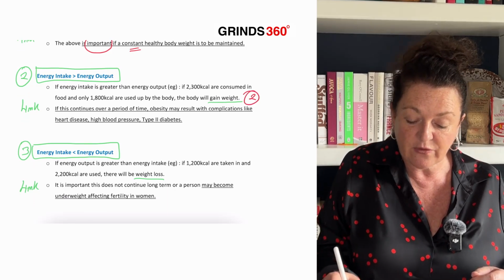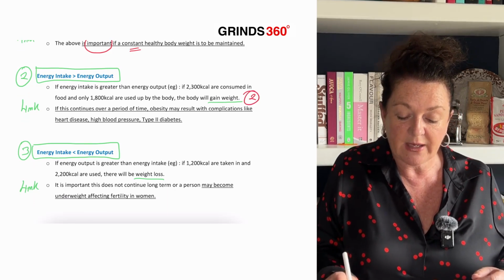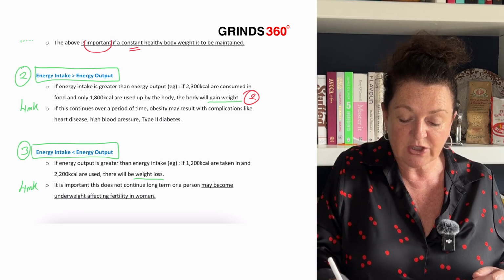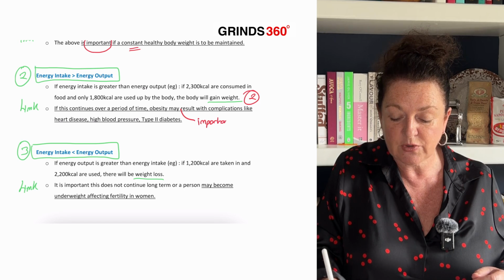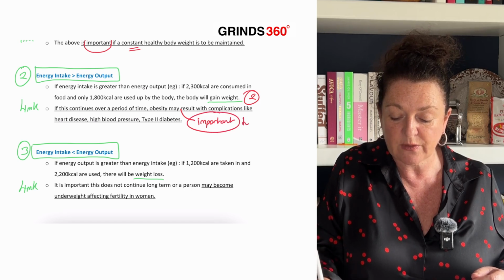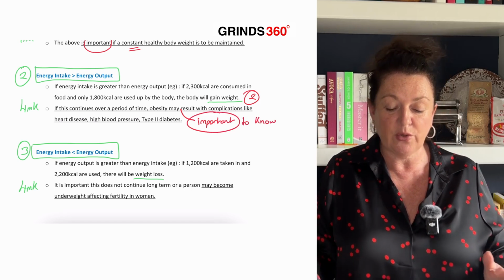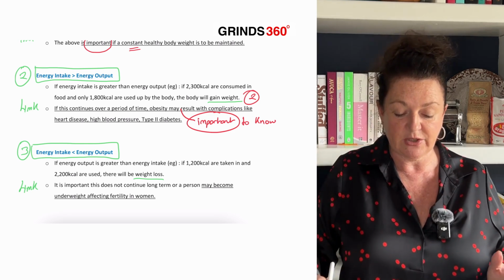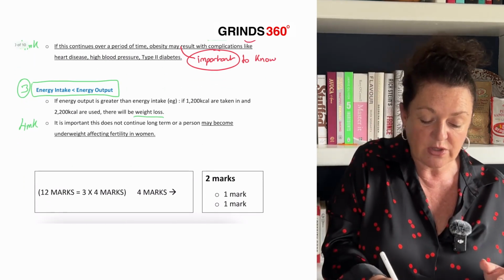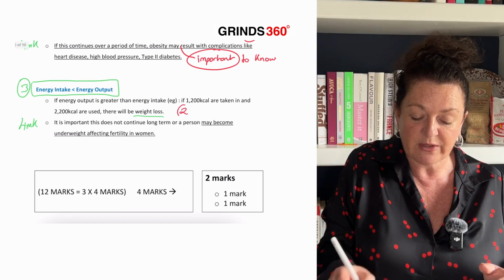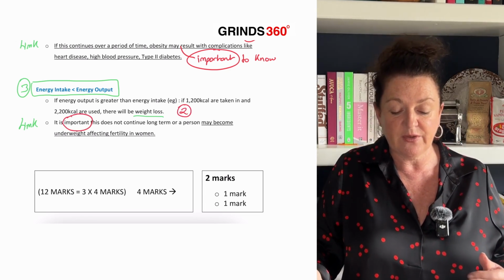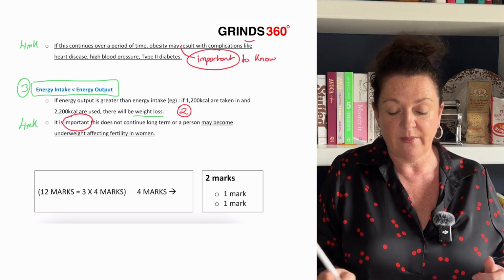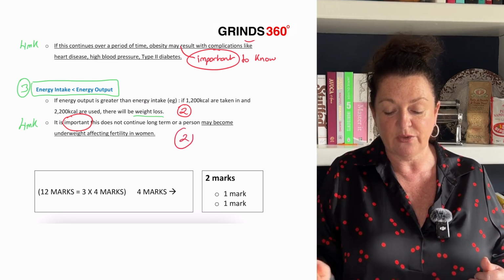It continues over a period of time, and it can result, and I could actually put in here, it's important to know, just to have the same language. So important to know, this may result with complications. And note I've said here are 2, we've made our statement, and then it's important that this does not continue, this long-term weight loss, because of the various issues.